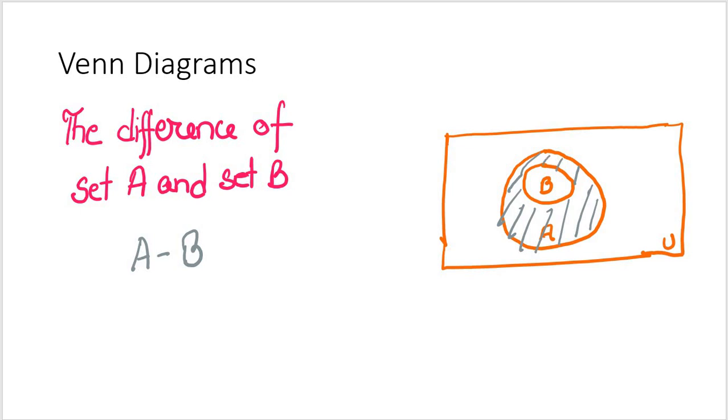The shaded area will be this A minus B, which is the difference of set A and set B.